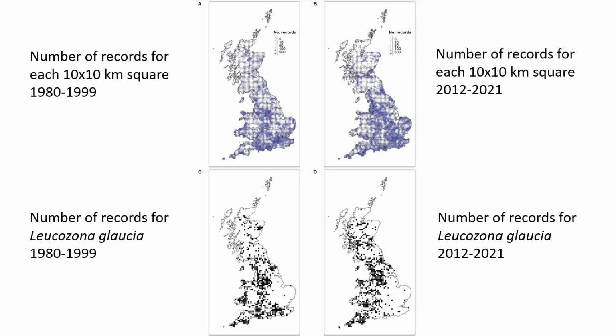But it's also apparent that it's become significantly more common in parts of western Scotland and southwest Scotland. So that's probably a range shift in its typical location, because the climate probably doesn't suit it anymore. Maybe it changes in habitat as well.